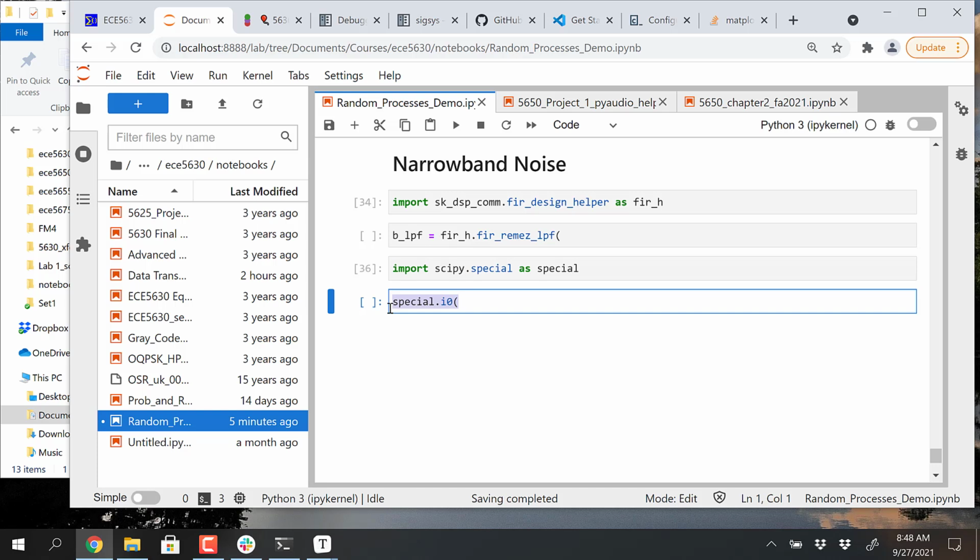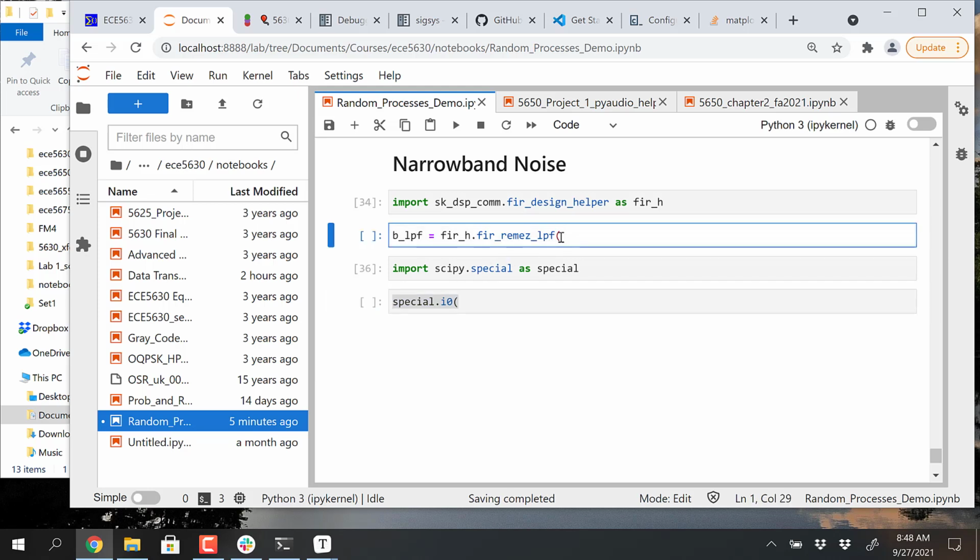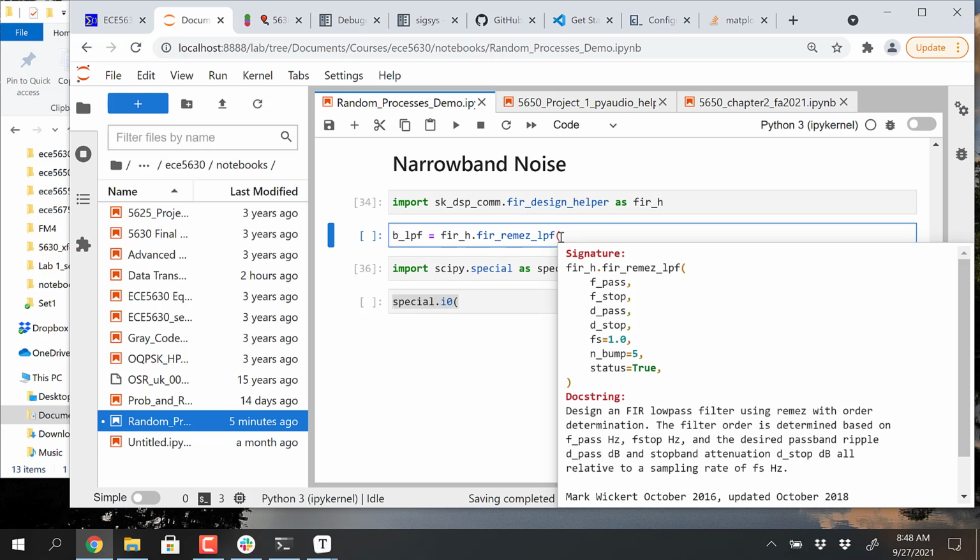So let me just do one thing to show you how we could get here. So I'm going to go into here. This is the way this Remez function is set up for the low-pass version. Rather than building a bandpass filter, in this case, I was going to want to have the exact same filter in the low-pass domain as the bandpass domain. So I was going to build it up as a low-pass.